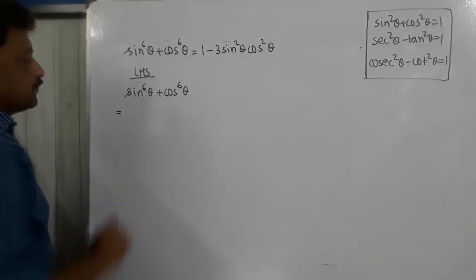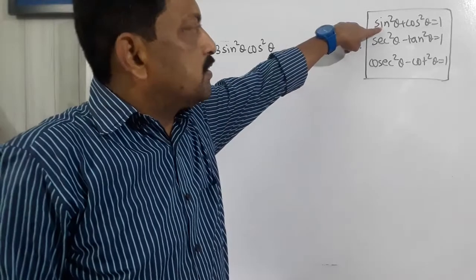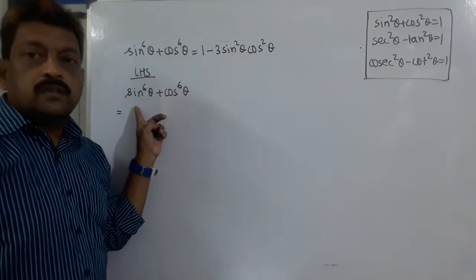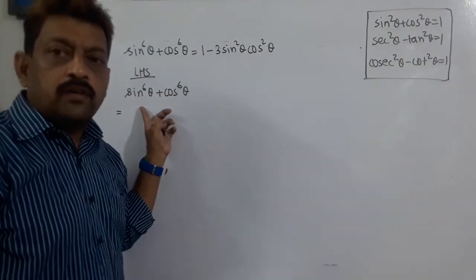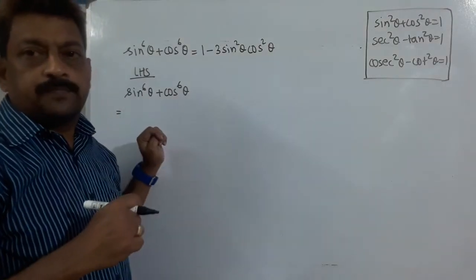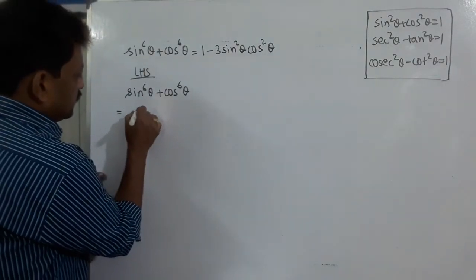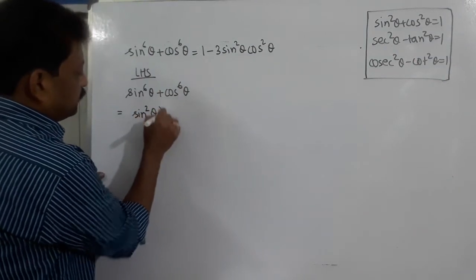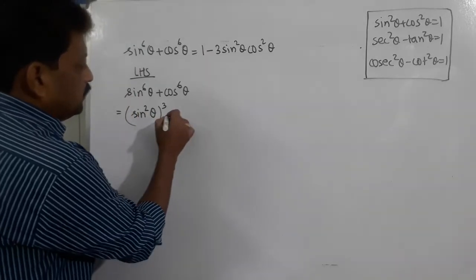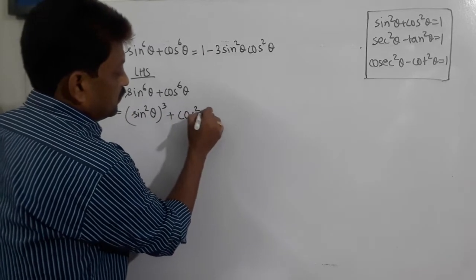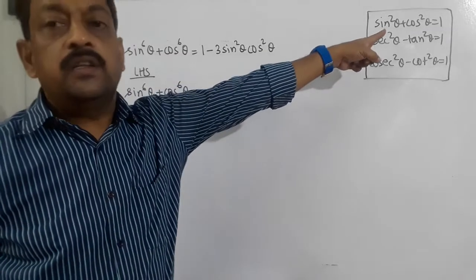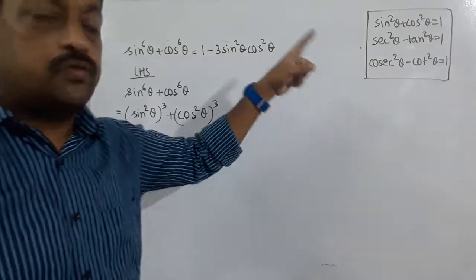Now since we know that sine square theta plus cos square theta is equals to 1, write this in the form of cube of sine square theta, that is, sine square theta whole cube. Similarly, cos square theta whole cube, so that we can use the identity sine square theta plus cos square theta equals to 1 here.